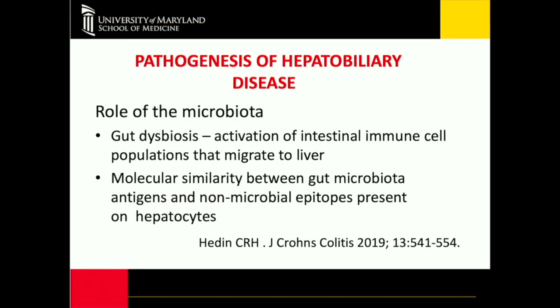The role of the gut microbiome has gained a lot of attention over the last few years. Gut dysbiosis seems to activate intestinal immune cells that migrate to the liver and set up inflammation. There's also a molecular similarity that's been noted between the antigens present on the gut microbiota and non-microbial epitopes that are present on hepatocytes.